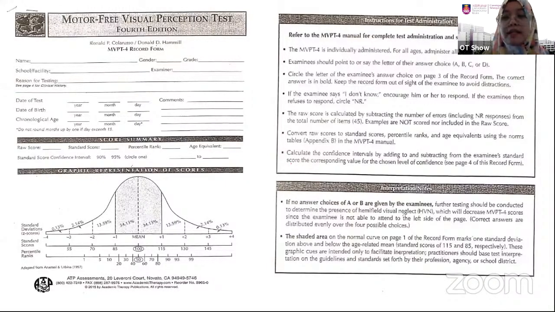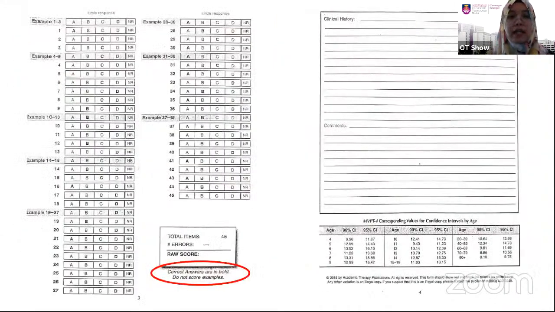Practitioners should base test interpretation on the guidelines and standards set forth by their profession, agency or school district. We will look at this together with the manual. The third page is the scoring area and the fourth page is clinical history and comment space.